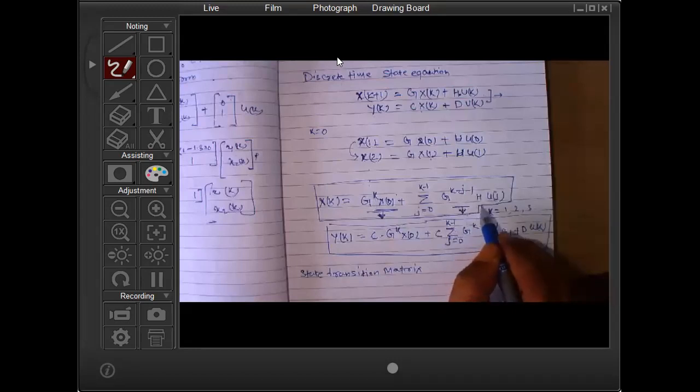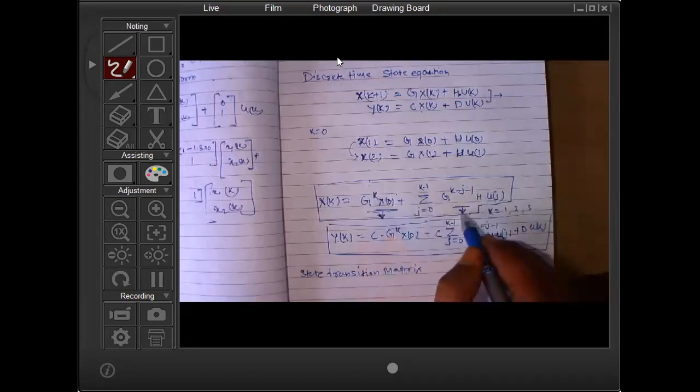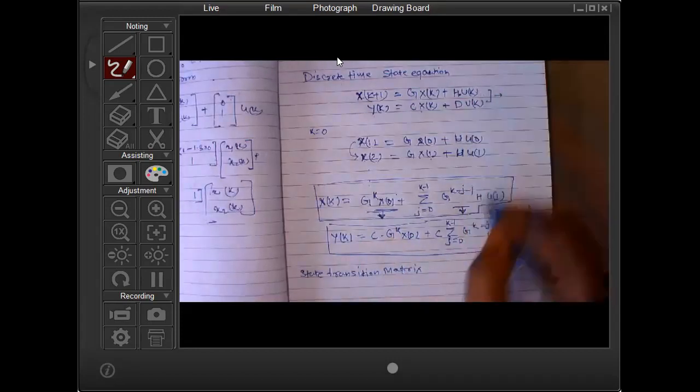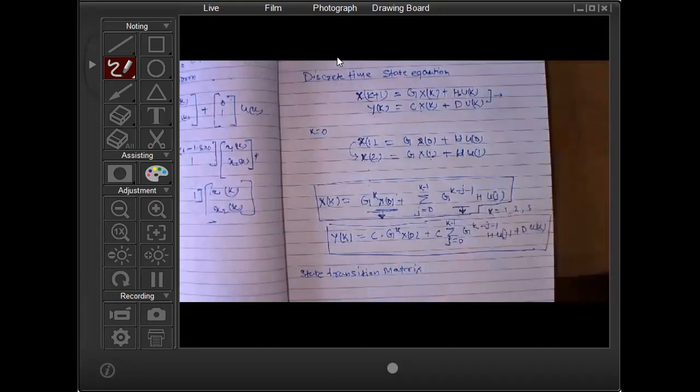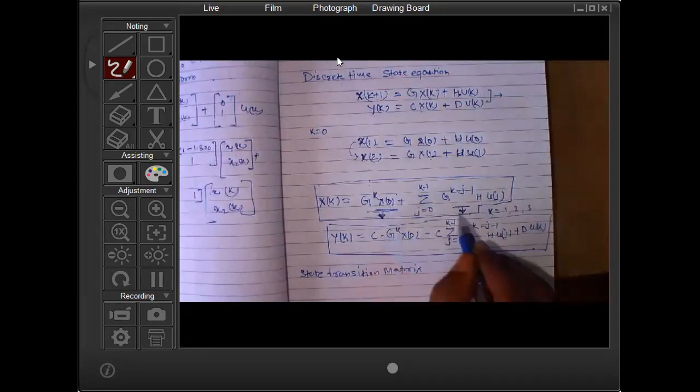If the initial value in any system is equal to 0, then this part will vanish. And in a homogeneous system, if there is no relationship with the input, then this part vanishes. This part is called the natural response, and this part is called the forced response.